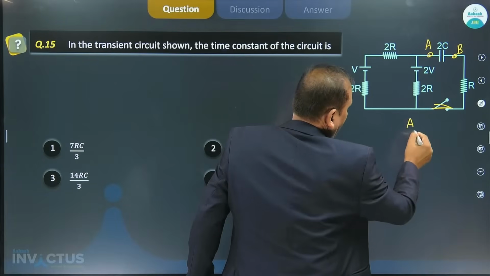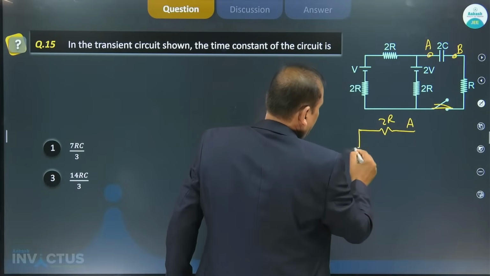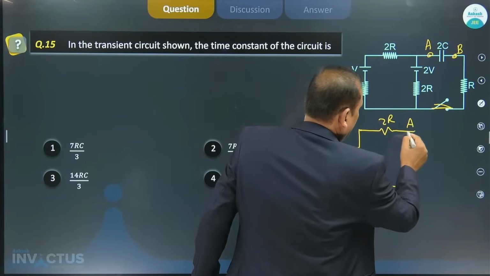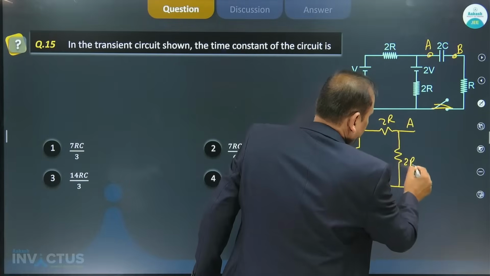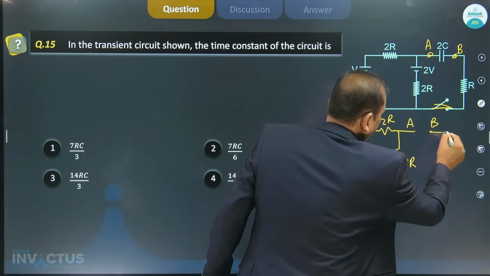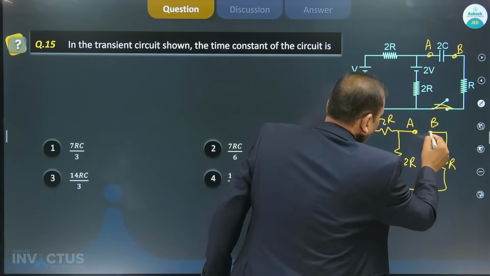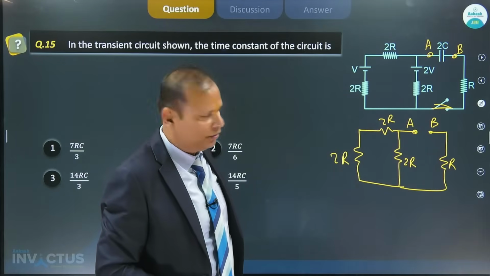Here are 2R, 2R, 2R, and R, and this is B. Between the 2 points, we should find the equivalent resistance.